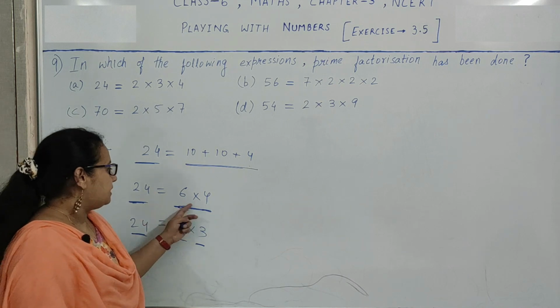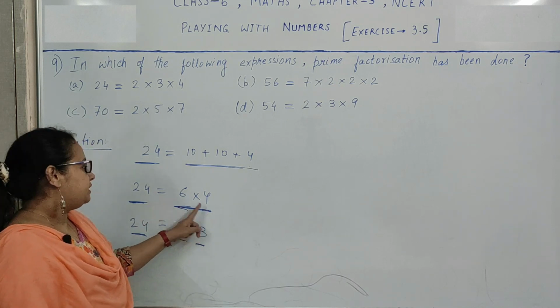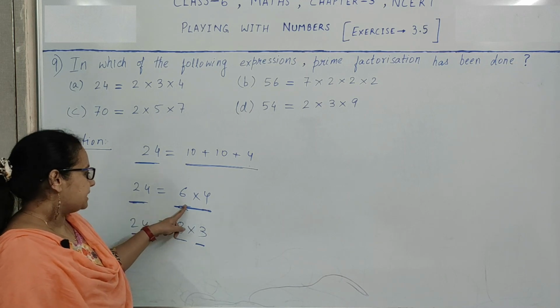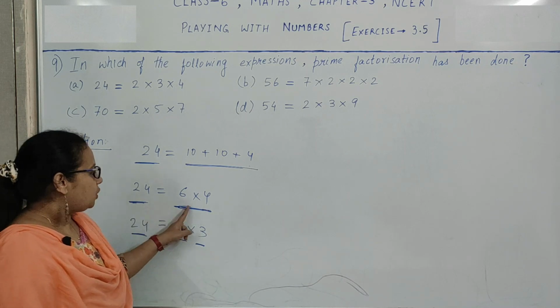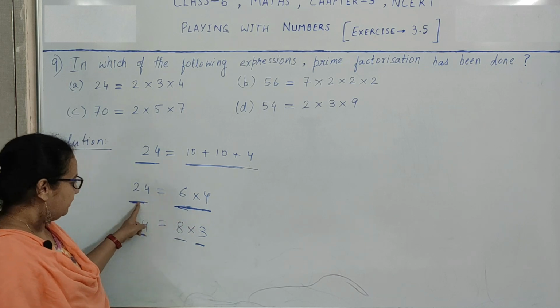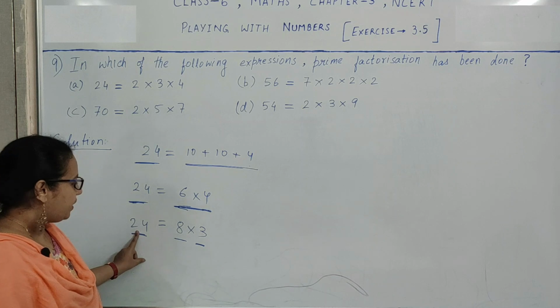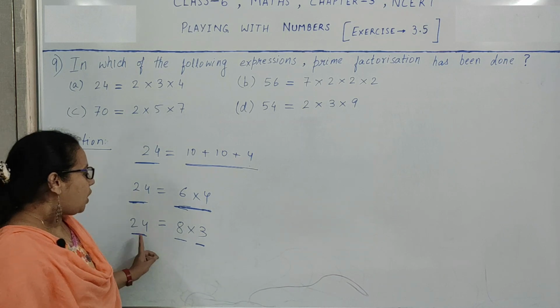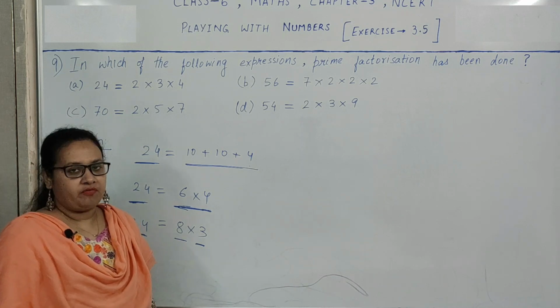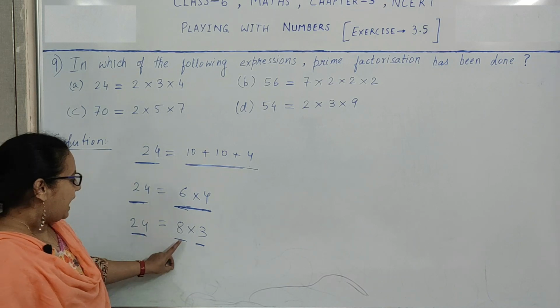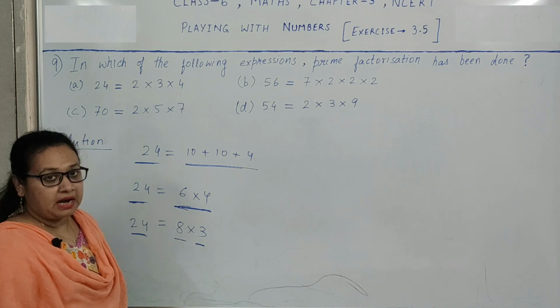Factors are the numbers which divide the number exactly, because 4 divides 24 exactly, 6 divides 24 exactly. So 6 and 4 are the factors of 24. 8 also divides 24 exactly, 3 also divides 24 exactly. So 3 and 8 are also the factors of 24. So we can say that 24 is written as a product of its factors.